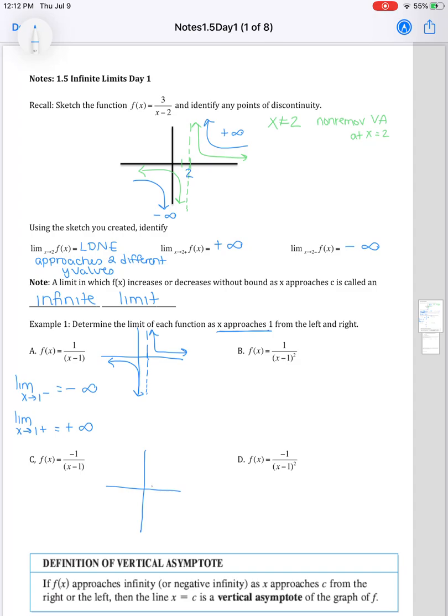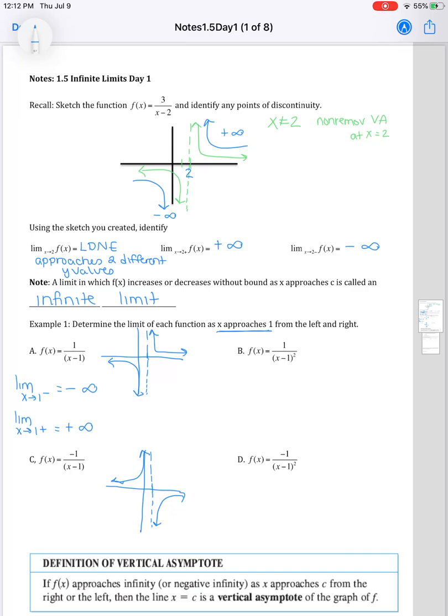So it's the same function, you just see a negative thrown on top, so you still have a vertical asymptote. The only difference is the placement on where your curves are, they're actually going to flip. So we're going from sort of, think of it like the first quadrant down to the fourth quadrant, and we're going from the third quadrant up to the second quadrant. And you'd get the same idea as if you subbed values in.